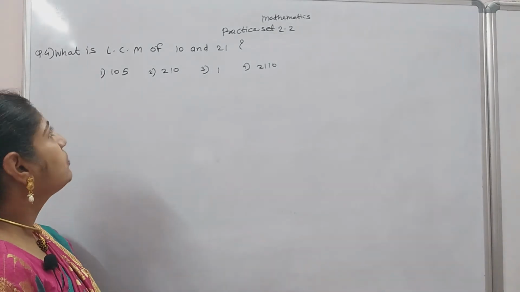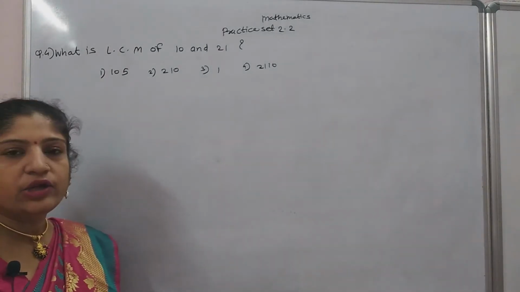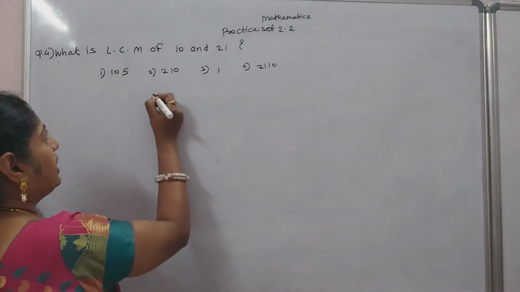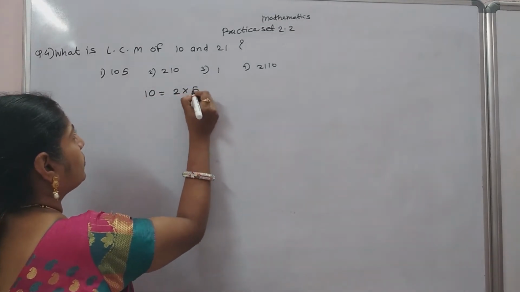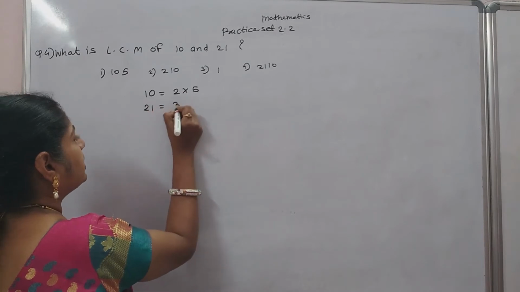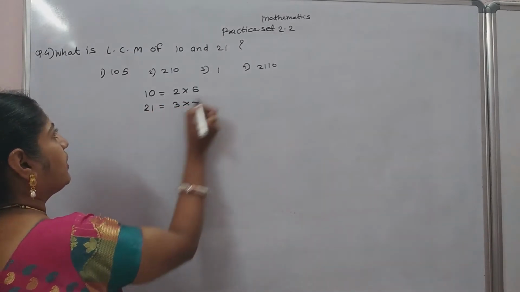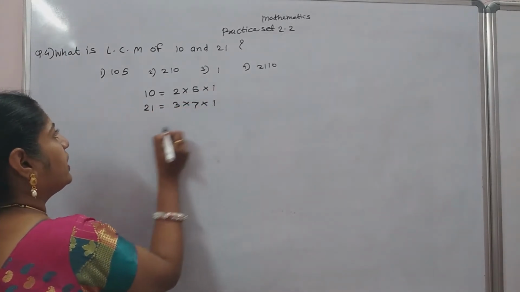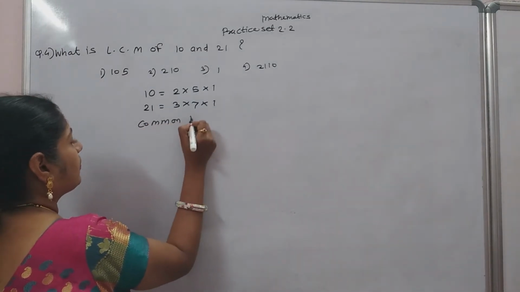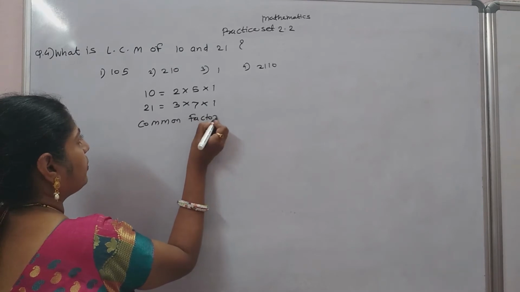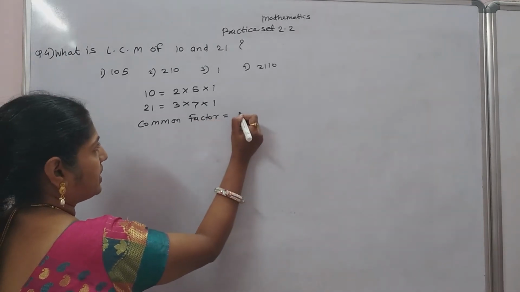Number 4 question. What is the LCM of 10 and 21? Find the factors of 10: 2 into 5. 21's factors: 3 into 7 into 1. Then the common factor, that is the GCD. There is no common factor, so it is 1.